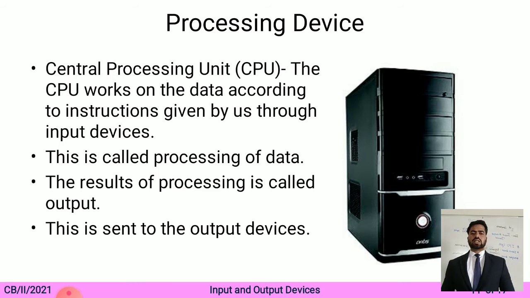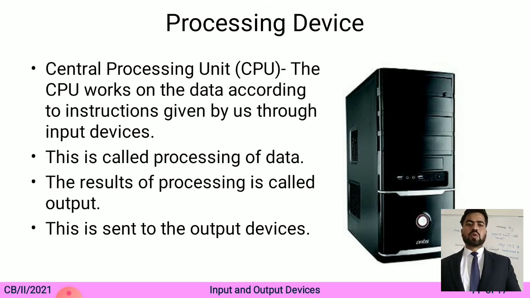The CPU works on the data according to the instructions given by us through the input device. For example, if I am working with my mouse and opening an application, the CPU works according to it. It will not work by itself. It will work on the instructions given to it by the user. This is called processing of data.